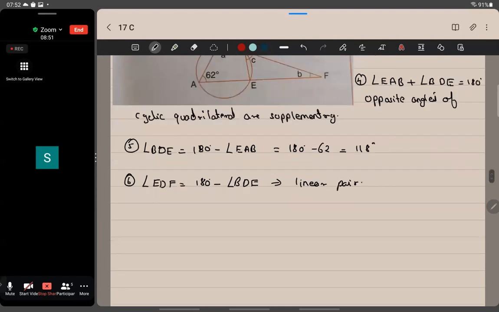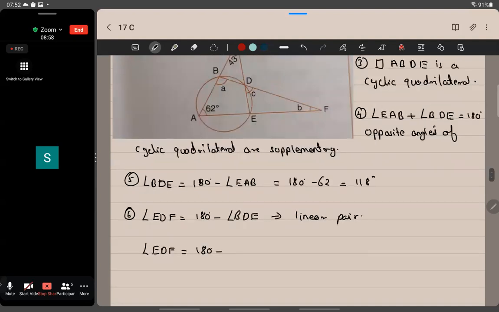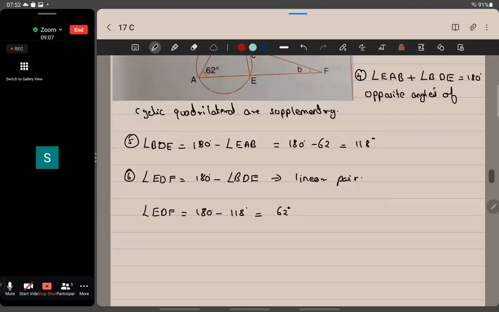So angle EDF is equal to 180 degree minus BDE, that is 118. So I will get 62 degree. So I got C. Therefore C is 62 degree.